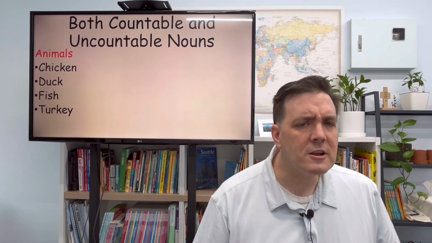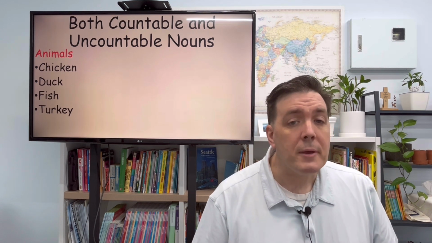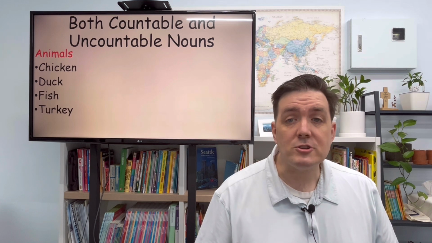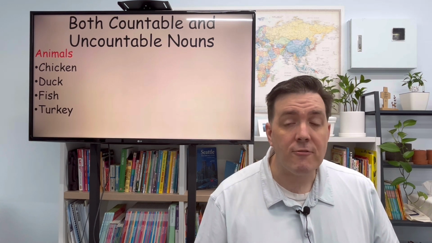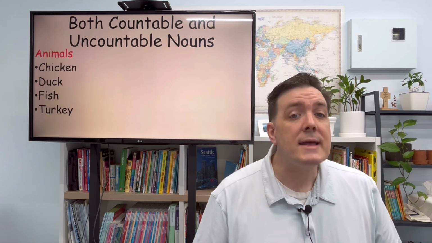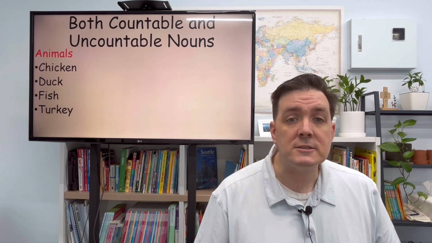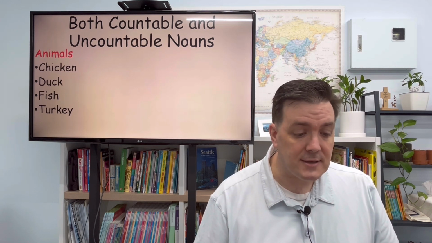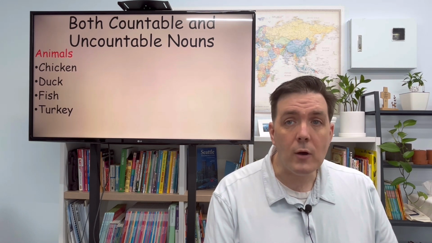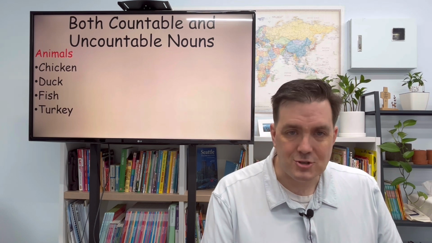Fish is a kind of interesting word because we can say 1 fish, 2 fish, 3 fish. Even though we can't make fish as a plural noun, it still is a countable noun, except if you're eating it. And then we can say, oh yeah, I ate some fish.